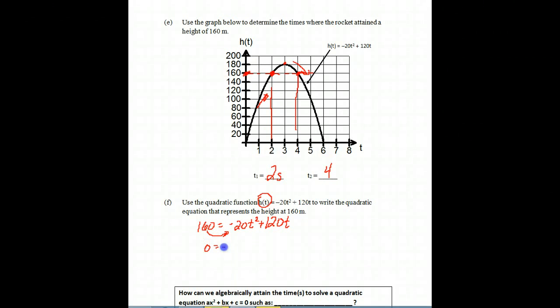So it's 0 here, and negative 20t squared plus 120t minus 160. And don't forget you have your a, b, and c values. Negative 20, 120, and negative 160.